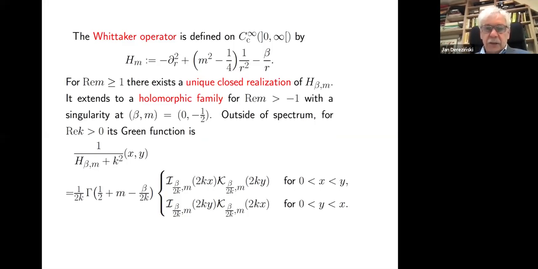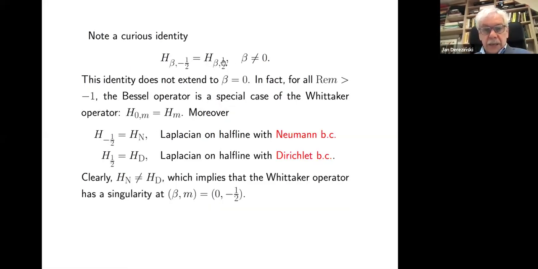So it is a special point. But suppose that the centrifugal part vanishes, but the Coulomb potential does not vanish. Then it turns out that you have the identity that m equal 1/2 and -1/2 are the same.